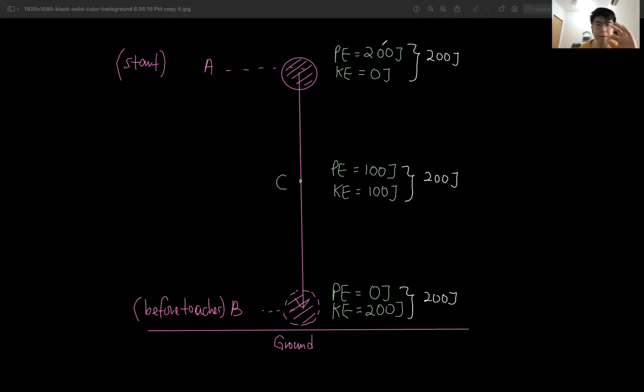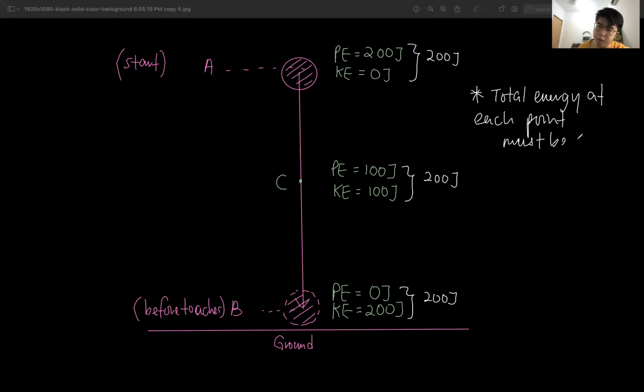This one you need to remember. So let me write it here. Total energy at each point must be the same. This is based on the conservation of energy.